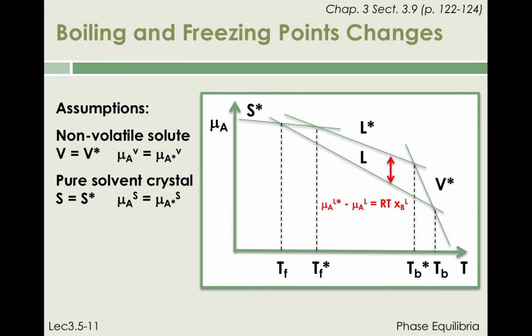This obviously implies that the chemical potential of the solvent in solution is depressed below that of the pure solvent by an amount proportional to the product RT XBL. As a result, the freezing point of the solvent is depressed from TF star to TF, and the boiling temperature of the solvent is raised from TB star to TB. Note that the boiling point elevation and the melting point depression are both proportional to the mole fraction of solute in solution.